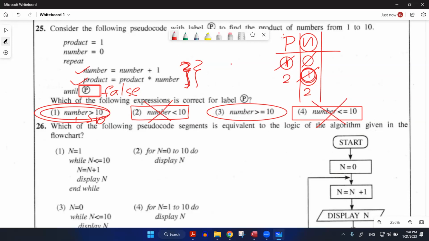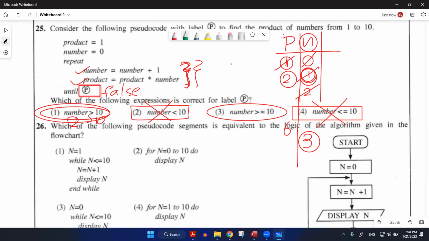Then again, it checks. Now the number's value is 2. 2 larger than 10. Again, false. So number increased by 1. It will become 3. And the product is going to be product into number. So 2 into 3, it becomes 6. Right? So now we can see how the pattern happens.